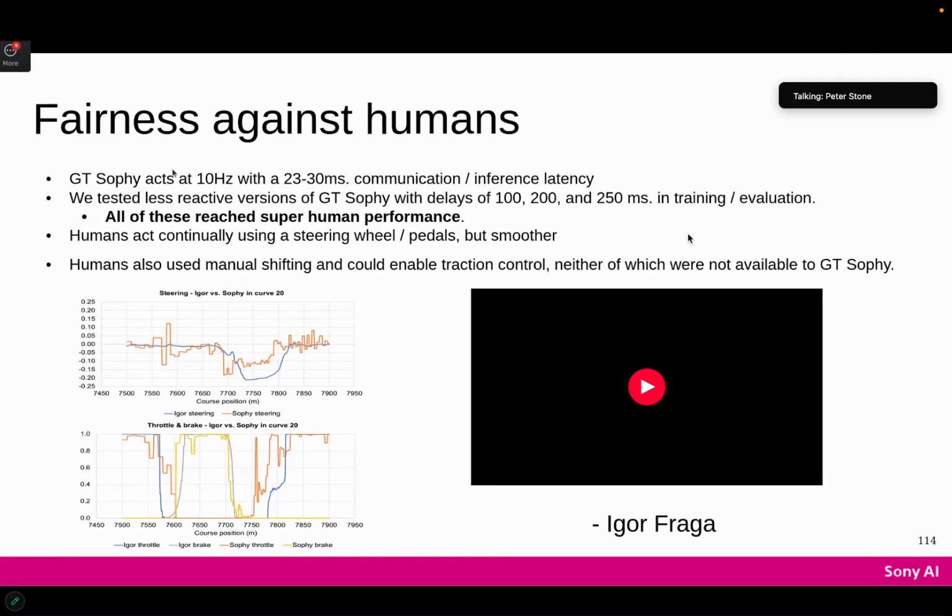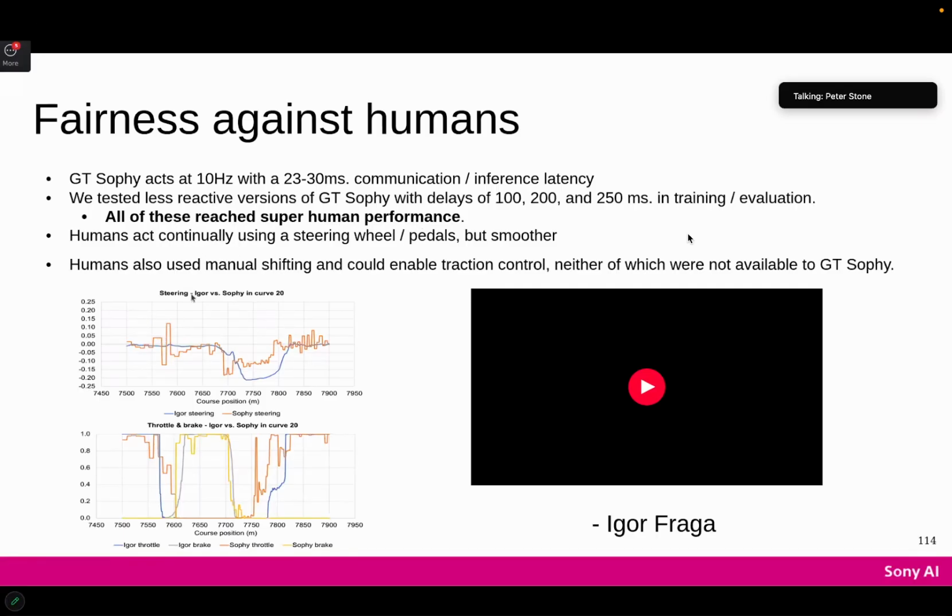It turns out that people have about 250 milliseconds latency between what they see on the screen and how they can act as a result. So we actually tested GT Sophie with added delays, where we made sure there was a delay of the state feed of up to 250 milliseconds, and even so, it was still able to reach superhuman performance. This is one of the things that the Nature reviewers required us to test.